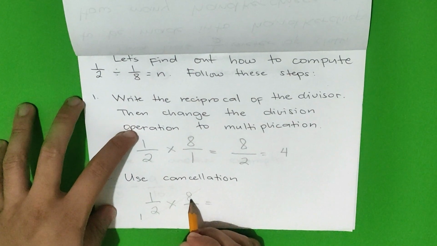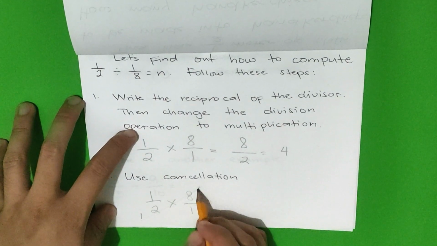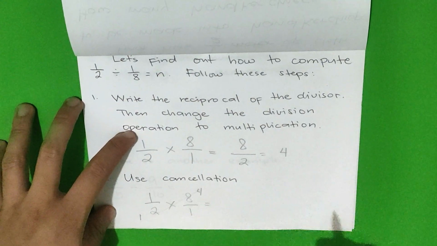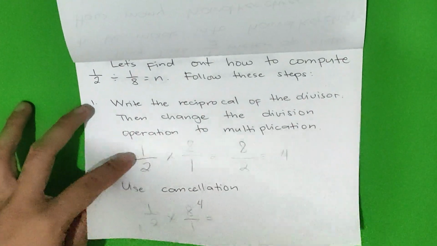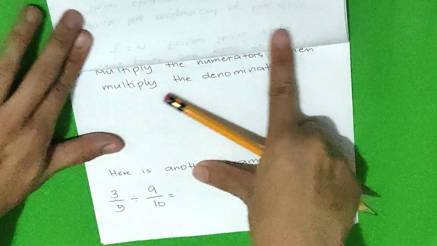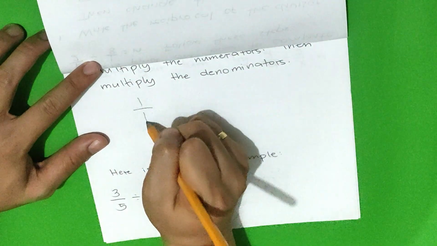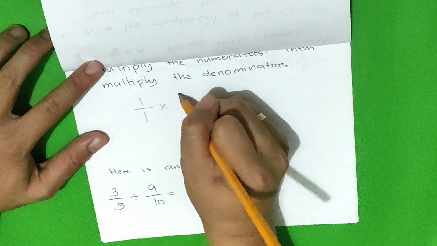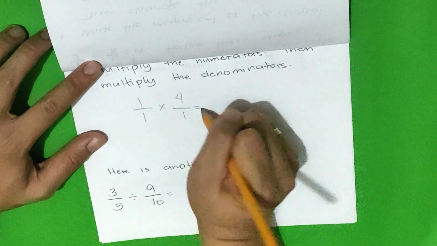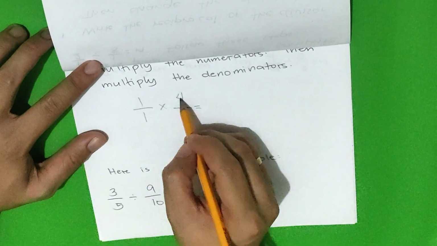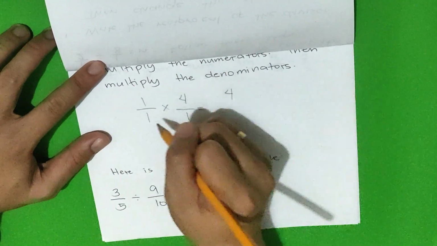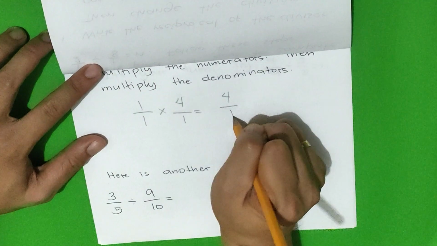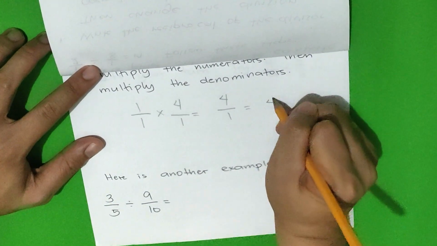And 8 divided by 2 is 4. Let us multiply the numerators and the denominators. So 1 times 4 is equal to 4, and 1 times 1 is equal to 1. So this also means 4.